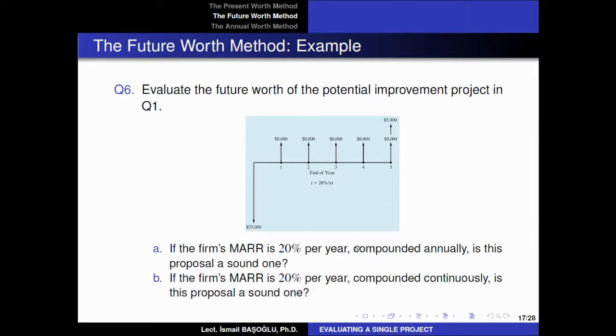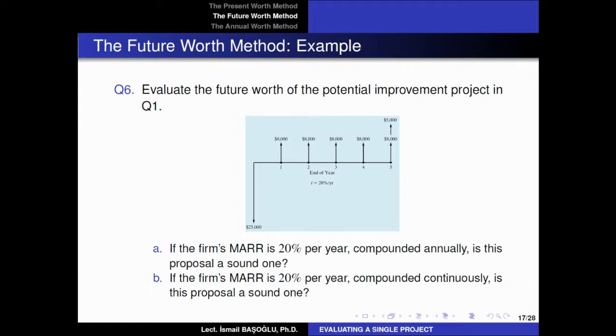And in part B, we are going to assume a minimum attractive rate of return of 20%, which compounds continuously. So again, remember from question 1, under the assumptions of part A, the project was very economically justifiable. However, under the assumptions of part B, it was not economically justifiable.